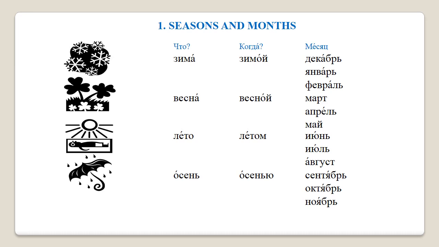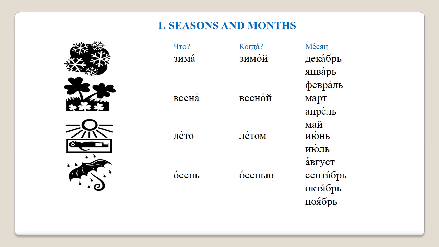Июнь, июнь. Июль, июль. Август, август. Сентябрь, сентябрь. Октябрь, октябрь. Ноябрь, ноябрь. Excellent, well done.